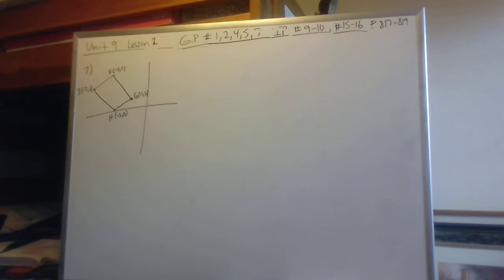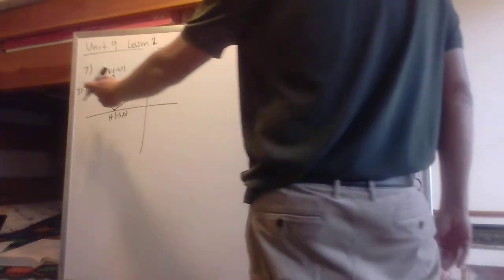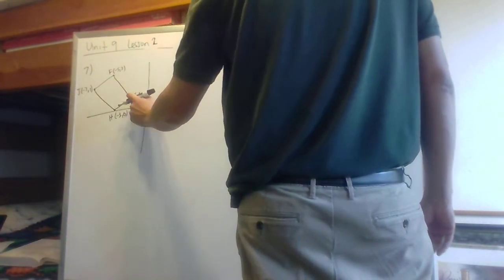So when we look at this, the drawing's a little weird. This was what the book had. This point should be lower than this one, but it's not.